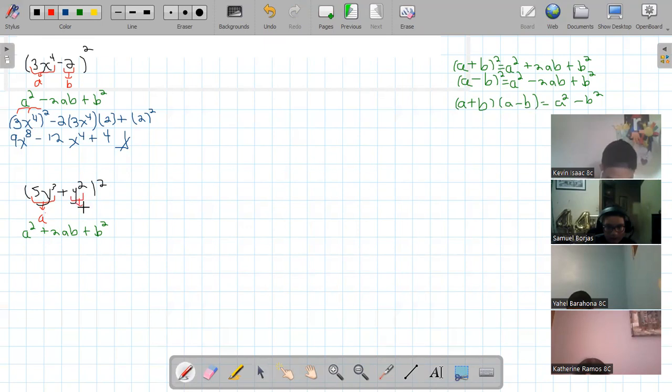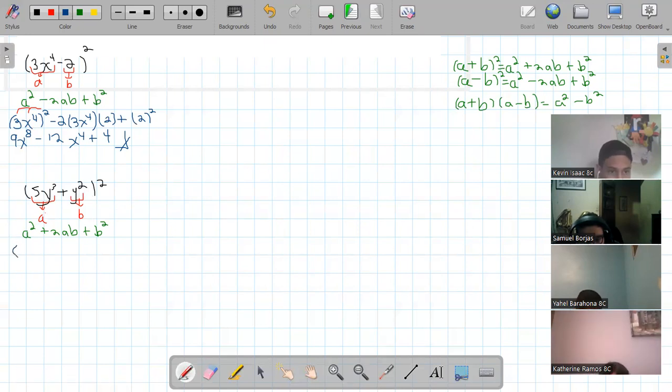Now, pay attention to this. Both terms have the same variable, which is y. We cannot take out a GCF in here because we have it to the square. So we cannot take out a GCF y. So we just go ahead and do our procedure normal, okay? Because we're not factoring, we're multiplying. So it doesn't matter because we are multiplying, okay?